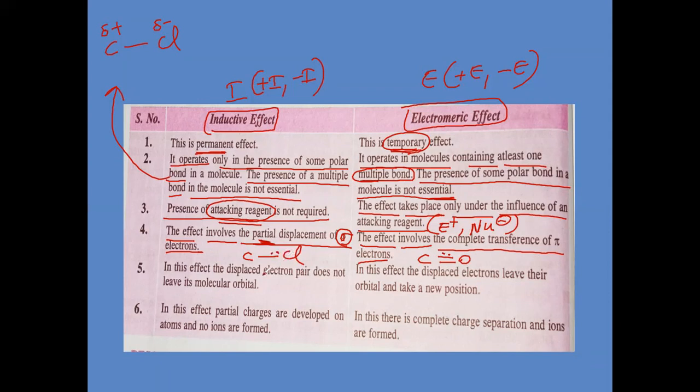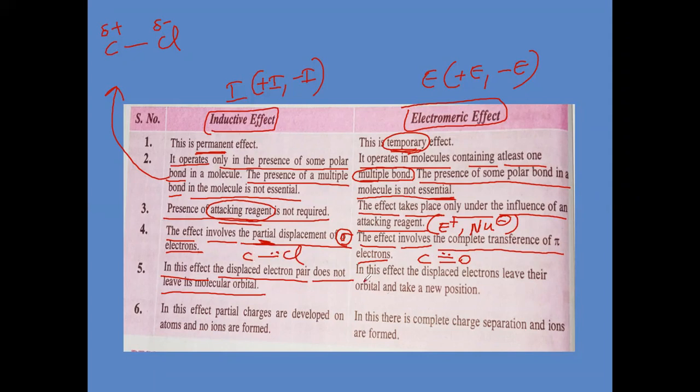Still the two electrons are in the carbon atom only, but they will be close to Cl. Next, in the inductive effect, the displaced electron pair does not leave its molecular orbital. Means from the carbon, the two electrons will not be completely going to Cl. Still, the two electrons will be in the orbital of carbon.